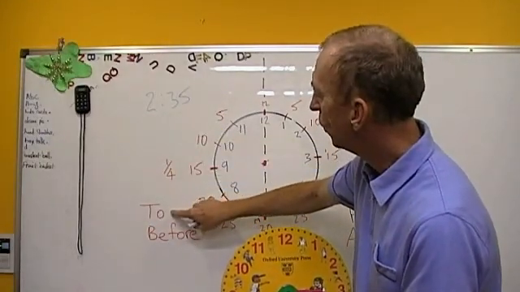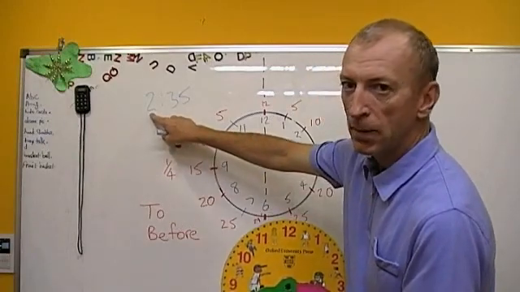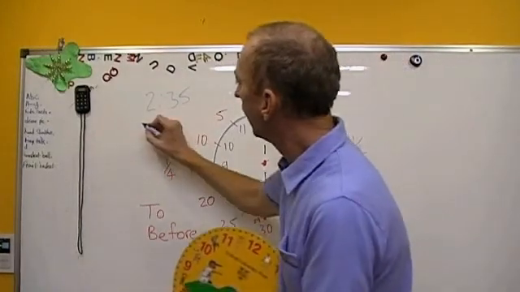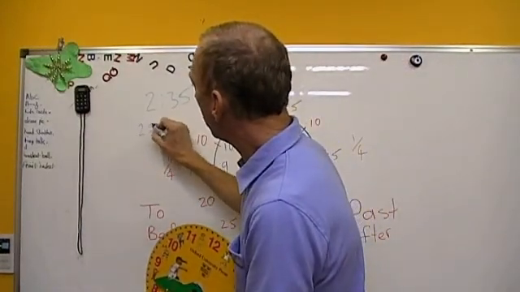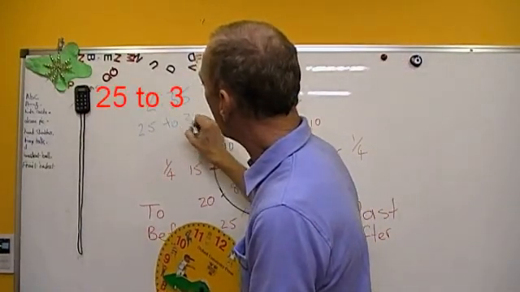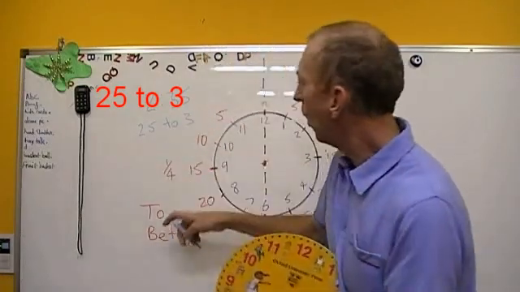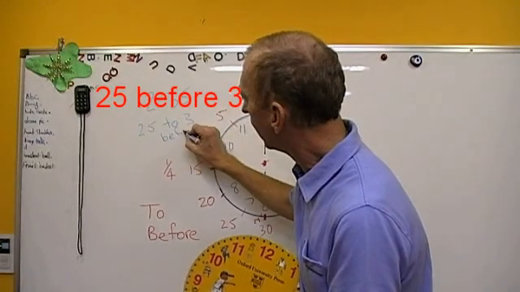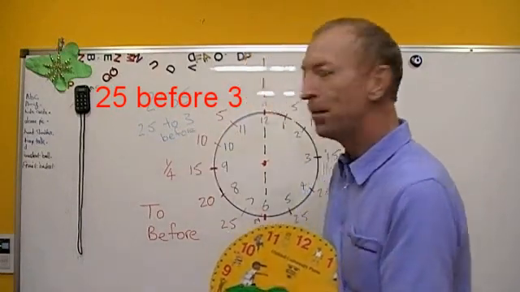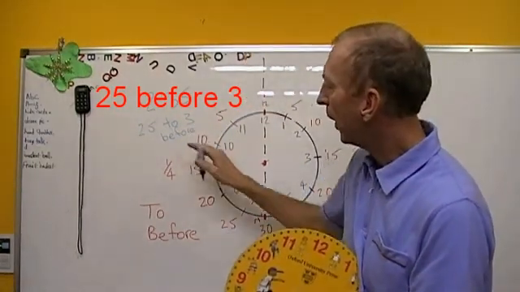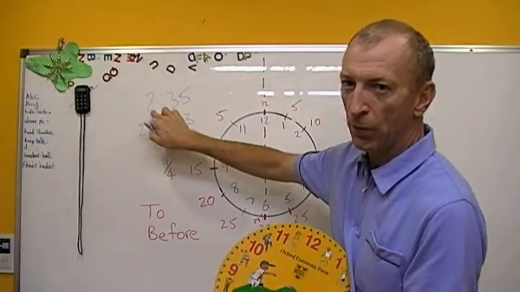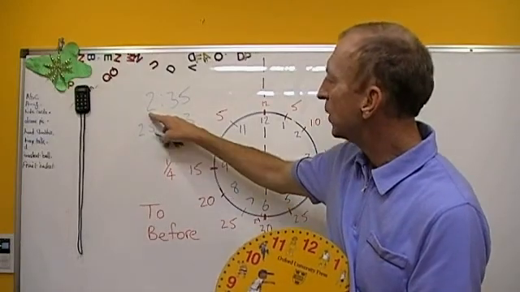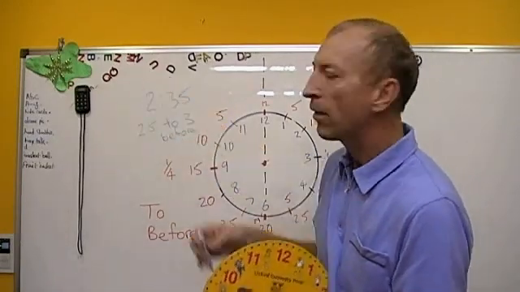What's the next number after 2? 3. So the time is 25 to 3, or 25 before 3. Okay, so we're not staying on 2 on this side of the equation. We're going to the next hour, which is the next hour after 2 is 3.